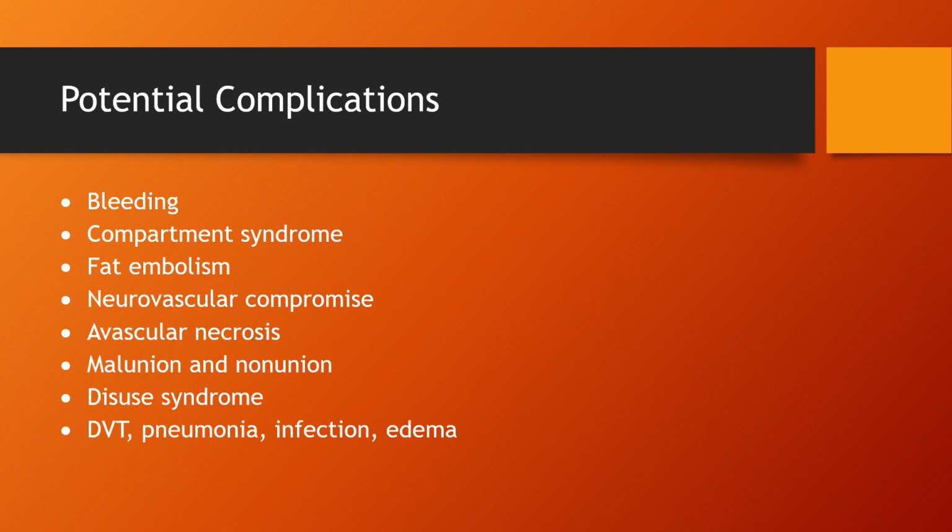Disuse syndrome is the deterioration of body systems due to musculoskeletal inactivity, and what you'll see is muscle weakness, decreased range of motion. There can be even respiratory function compromise. So again, if you don't use it, you're going to lose it. So this can happen in musculoskeletal conditions. And then other risks of complications due to immobility: DVT, pneumonia, skin breakdown, infection, and then there's edema that could possibly occur as well.